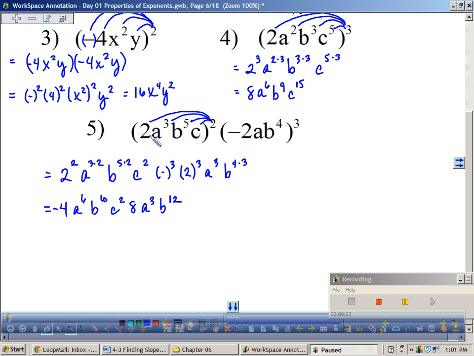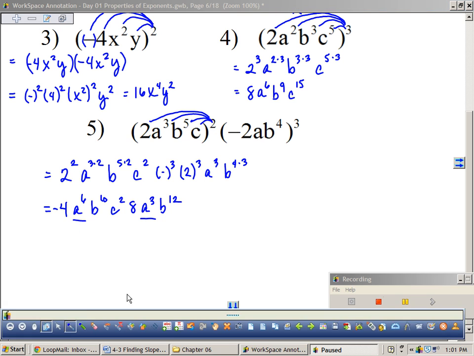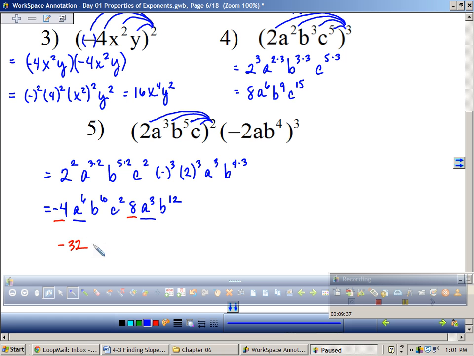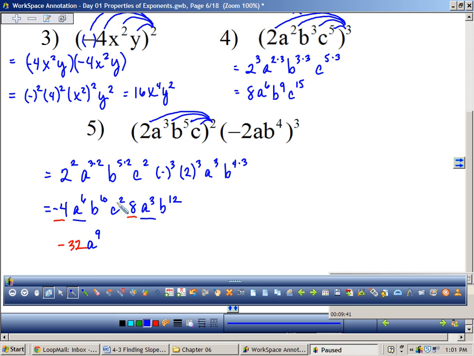I like this example because I was able to use the power to a power rule, and now I'm going to use the product of a power rule, right? Because I've got a to the 6th and a cubed. So since I have a to the 6th and a cubed, I'm going to add their exponents. Let's start with our constants, though. Let's change our color. I've got negative 4 times 8 is negative 32. a to the 6th and a cubed is a to the 9th.